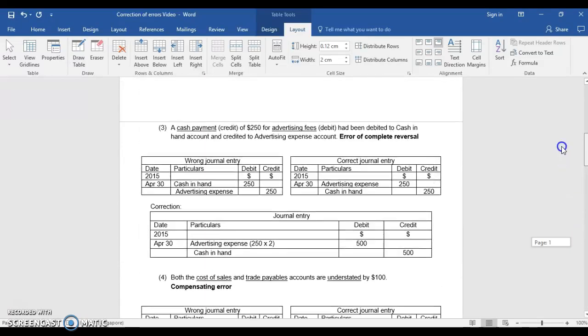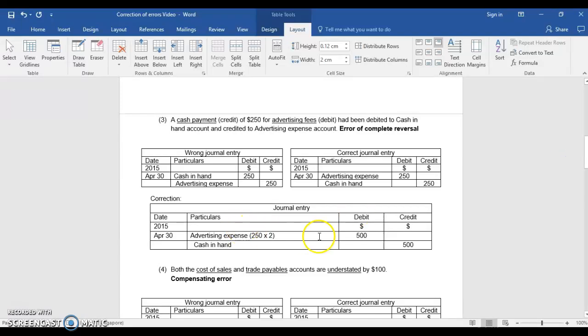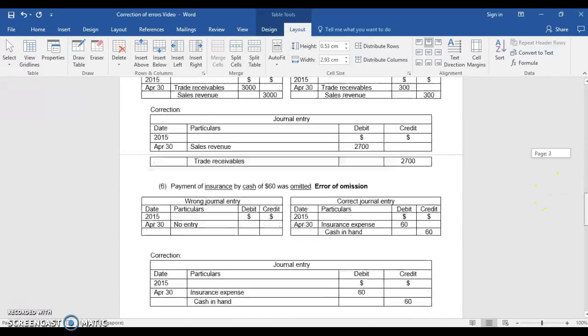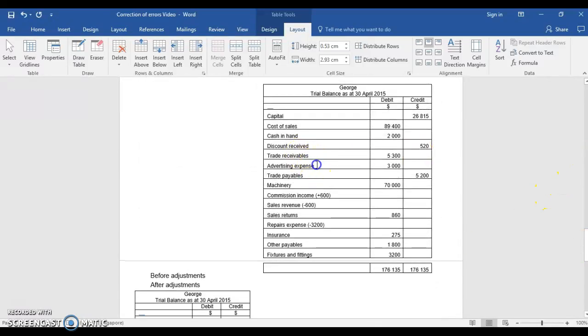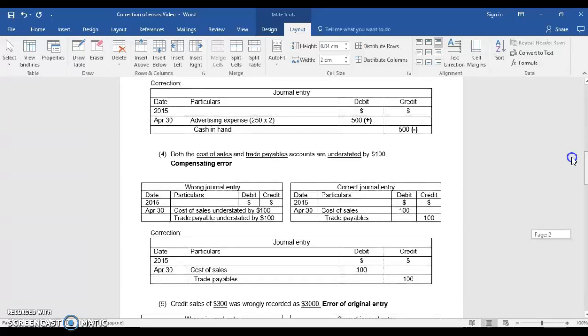Next one, number 3, is advertising expense was debited $500. So since it's an expense, we debit it and therefore we're going to add it. Cash in hand, credited. So being an asset, if we credit it, means we're going to minus it. So advertising expense and cash in hand. Okay, so it's done for number 3. Now the next error, number 4.